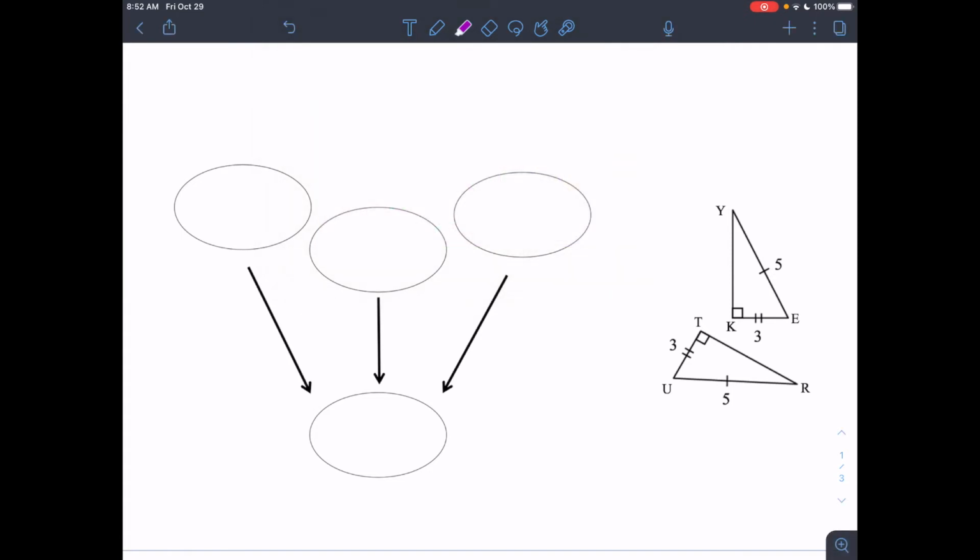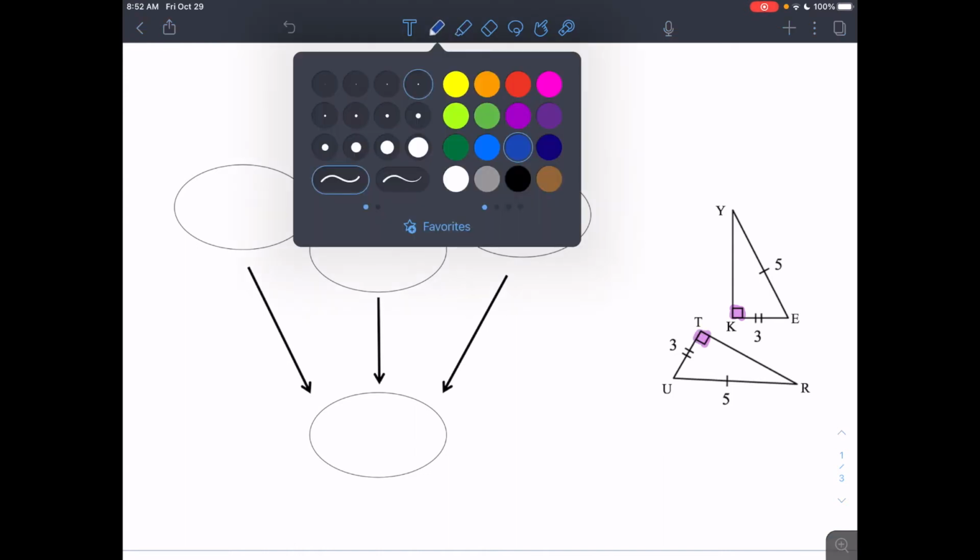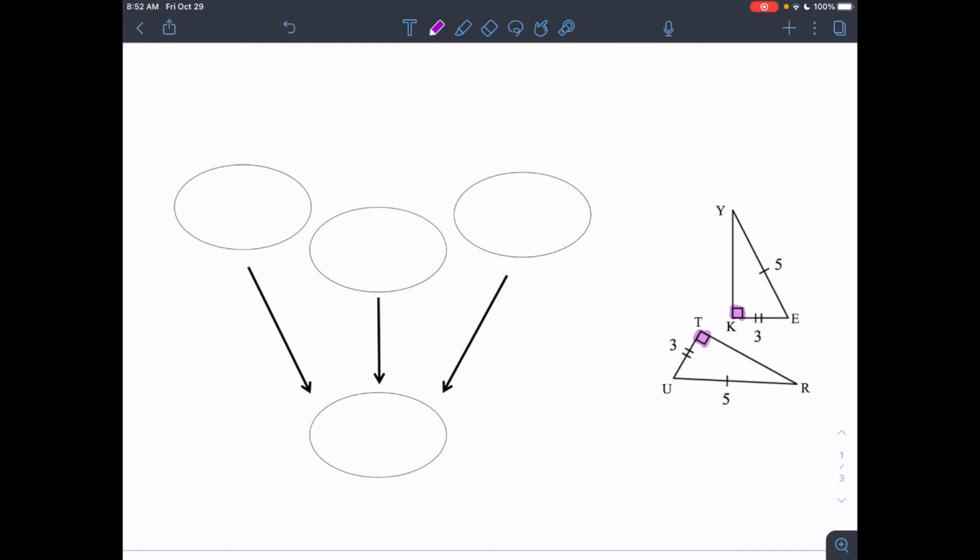I notice a really important marking in the corner of 2 of those triangles. I notice that there is a right angle at angle K and angle T. By those markings.